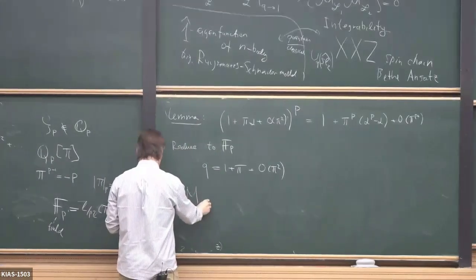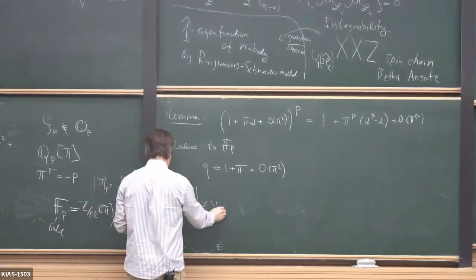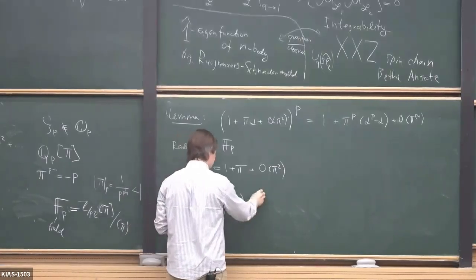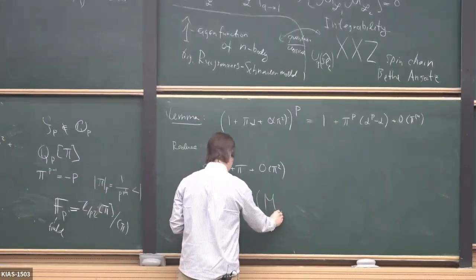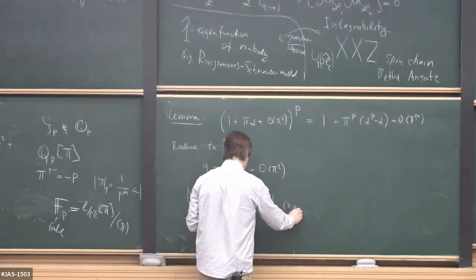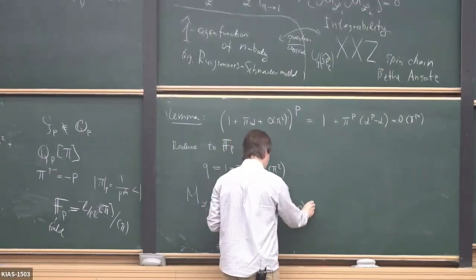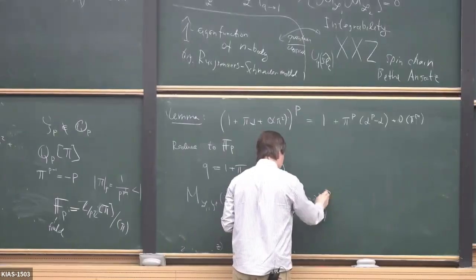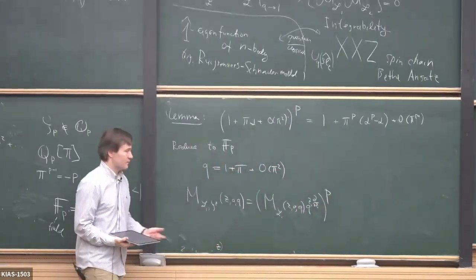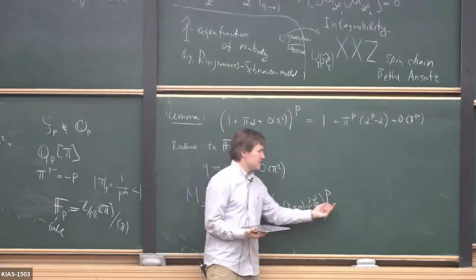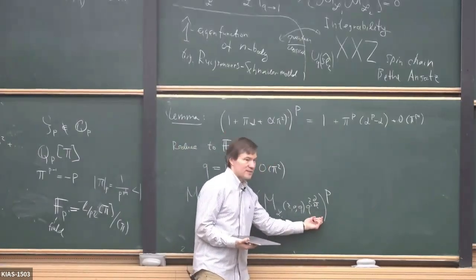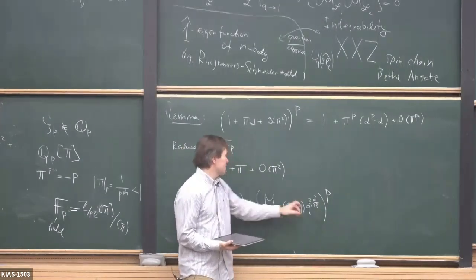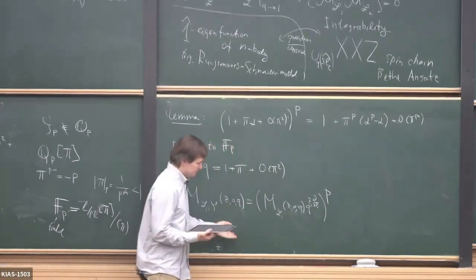So that iterated product upstairs can be written like this. If you take M_l of z, a, q to the p, I can write it as an iterated product, M_l of z, a, q, q to the z_i d over dz_i, to the p. Imagine you act on this with some vector, some section, and then you can shift it once, and then shift it again and again and again. And now I'm going to do the Taylor expansion of this with the pi.